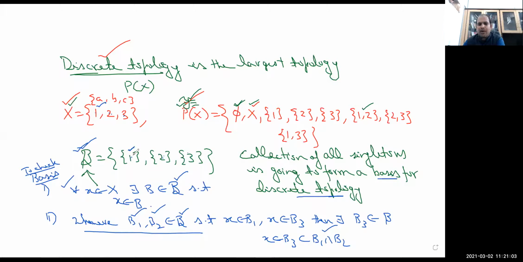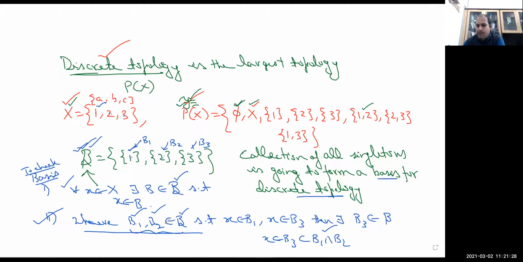So since there are no B1, B2, see these members are called B1. Let me write this one as B2 here and this one as B3 here. B1, B2, B3 are members of this collection B, script B. So since there are no such members, this second condition is trivially true. Because if there exists some B1, B2 and you don't find B3, then this condition will fail.